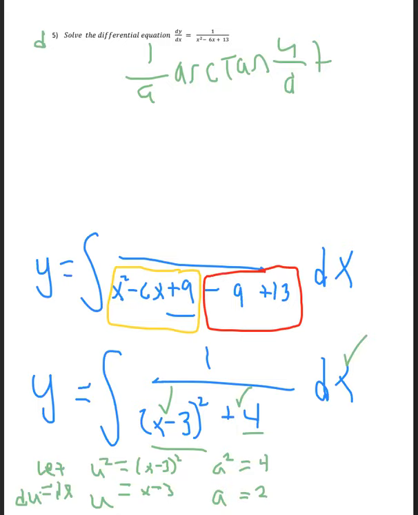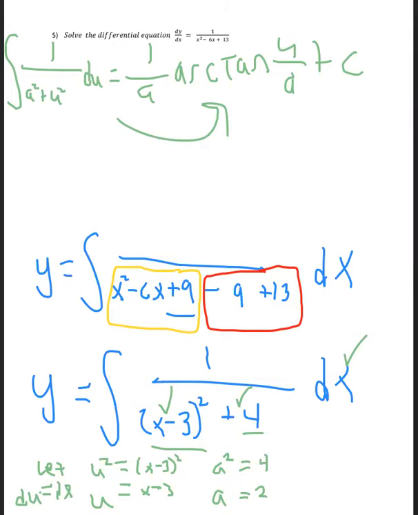Oh, sorry. Oh my god, sorry. I'm messing up. So that's the formula for the arctangent. It's the integral of 1 over a squared plus u squared du, and then it gives you that answer.